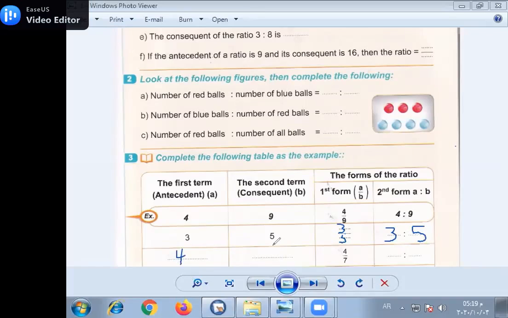Yes, thank you. And how do we write this using the to sign? 4 to 7. Yes, not 7 to 4, because the antecedent is the first term of the ratio. So it will be 4 to 7, not 7 to 4. Thank you.